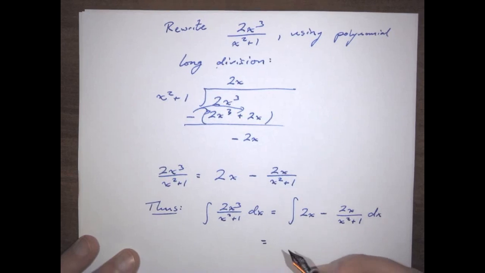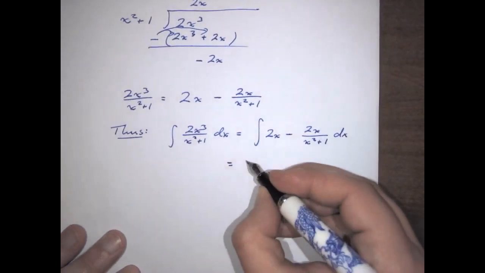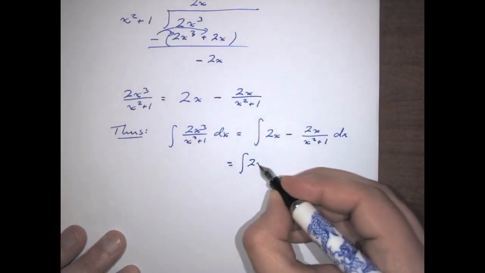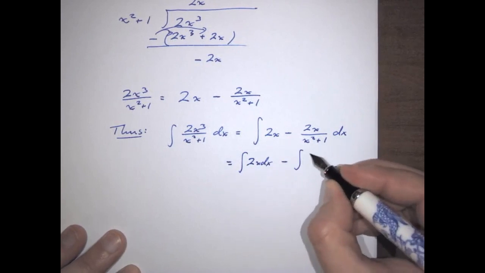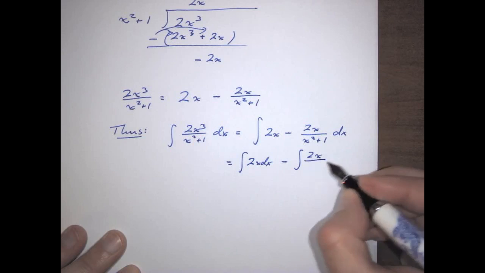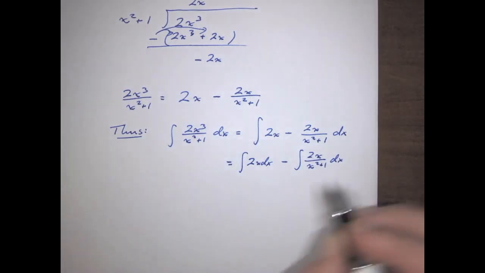But we can separate these two integrals out, and we'll have the integral of just 2x dx minus the integral of 2x over x squared plus 1 dx.